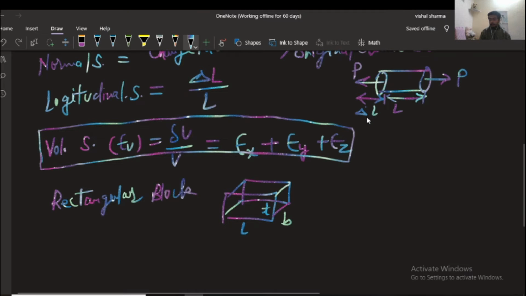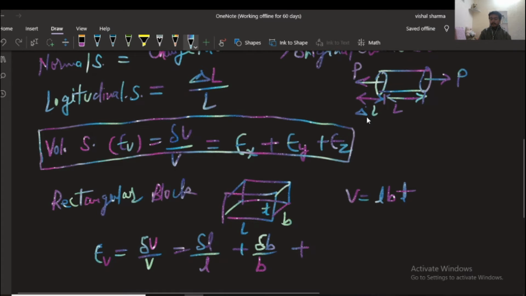So the volume will be L B into T. So the volumetric strain for the rectangular block is given by del V by V equals del L upon L, change in longitudinal dimension, plus del B by B, change in width, plus del T by T, change in lateral dimension.